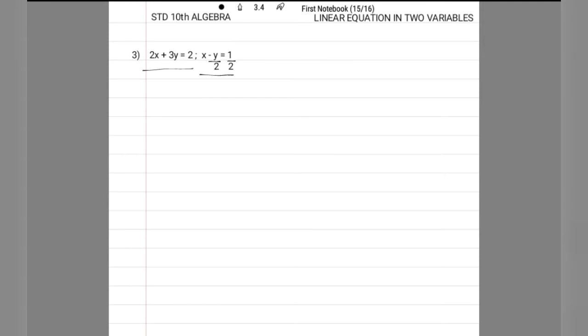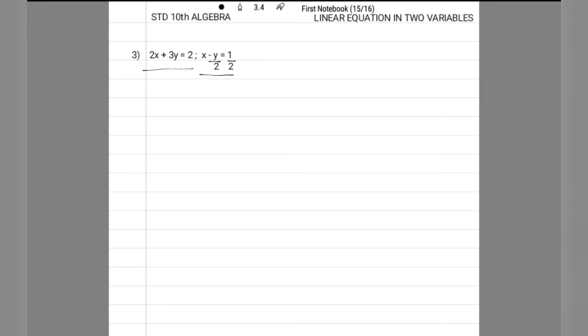Now as I said, we have seen the steps before for solving a numerical by Cramer's rule. First we have to write the given equations in the form ax plus by is equal to c. The first equation is already in that format, and the second equation is also. But if you want to reduce the second equation to a simple form, that is, just remove the fraction terms, then we can multiply the second equation by 2.